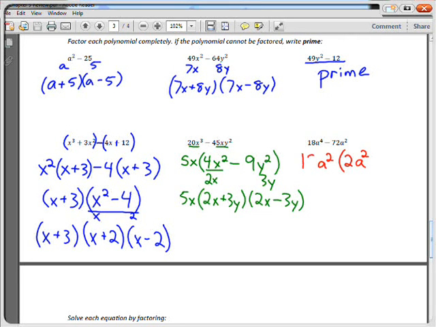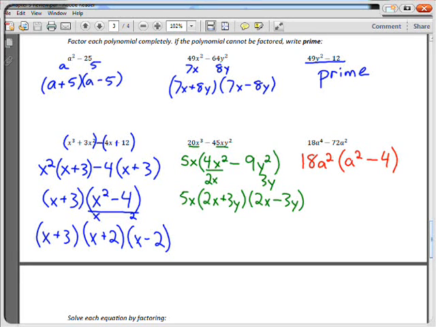It'll be 18a squared. So I'm going to be left with a squared minus 72 divided by 18 is 4.